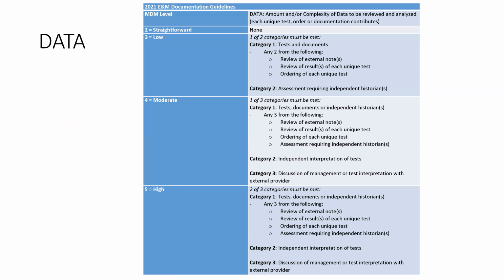So now in data, everybody remembers our level 4, we're trying to get 1 of 3 categories. Category 1, of course, is any 3: a note, external notes, reviewing a test, ordering a test, on top of an independent historian. It's key to remember those categories and know those are the things that get you worked up.